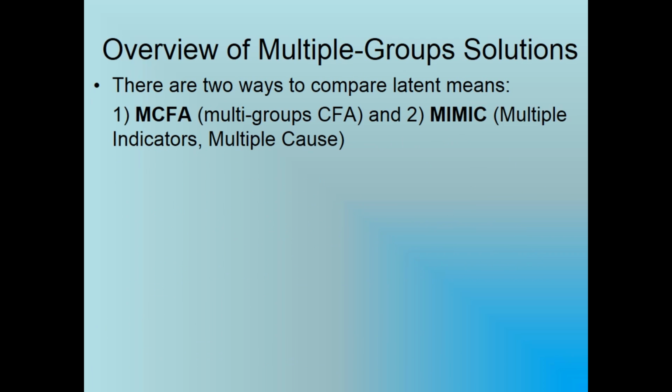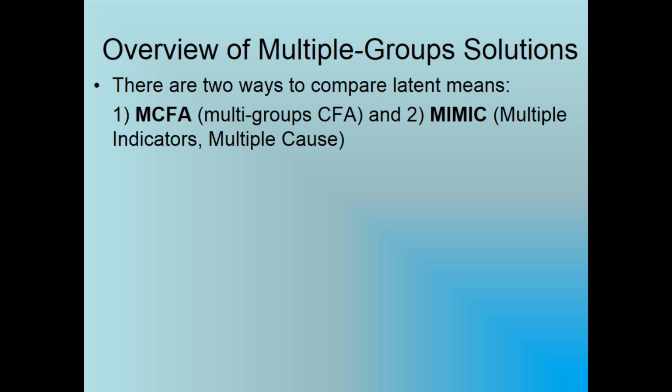There are 2 common ways you can test for measurement invariance. The most common one, and we'll focus the most on in this class, is multi-group CFA. In this case, you can test for both metric and scalar invariance. The problem is you can only focus on groups and not look at continuous variables. In a MIMIC model, you can use continuous variables in multiple groups.